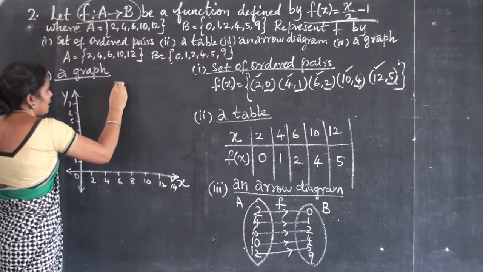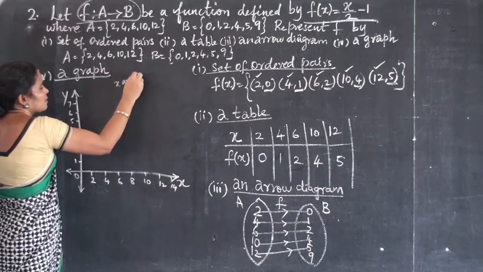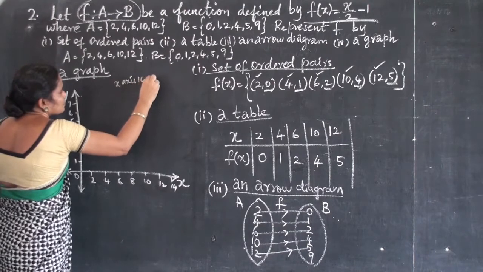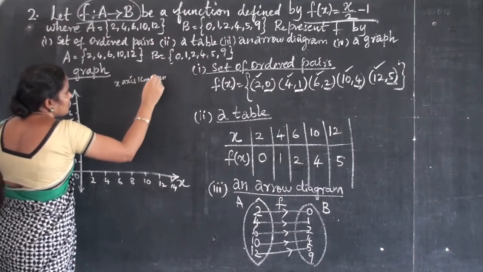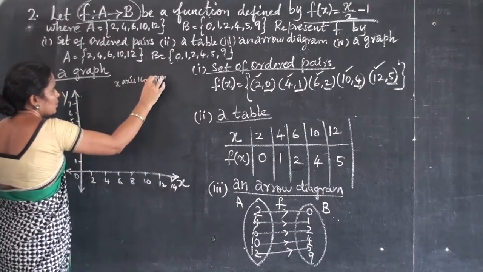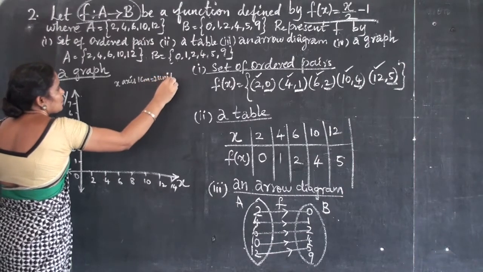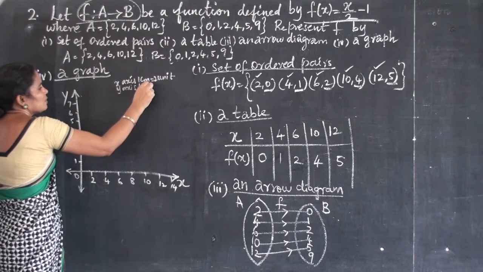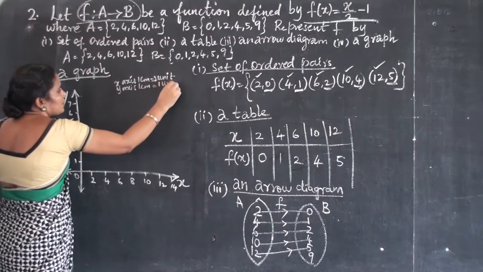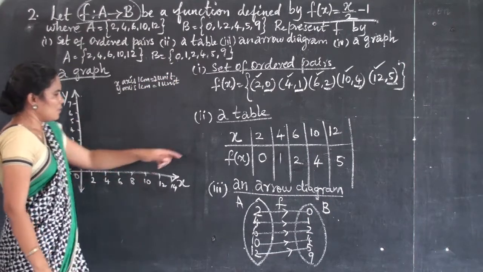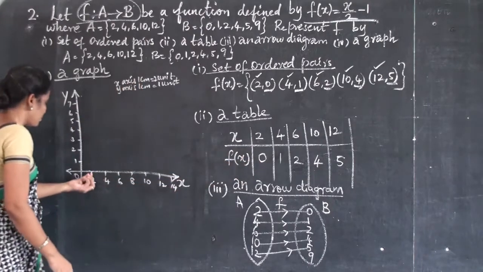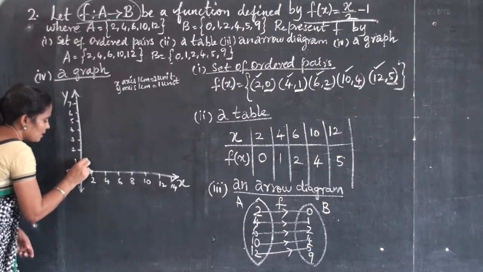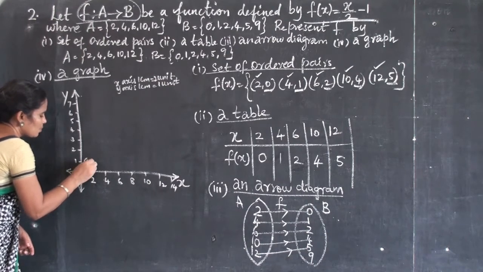Here you can write the scale: on the x-axis, 1 centimeter is equal to 2 units, and on the y-axis, 1 centimeter is equal to 1 unit. Just for 2 it is 0. Mark 2 comma 0.